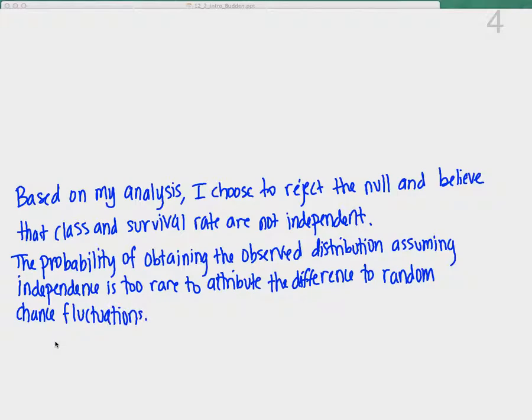So what is that last sentence saying? The chance of getting the chi-square value that we got is way too rare to assume that the null is true, or to believe that the null is true. Did our distribution just happen because it's chance? No, it happened because there's a difference.